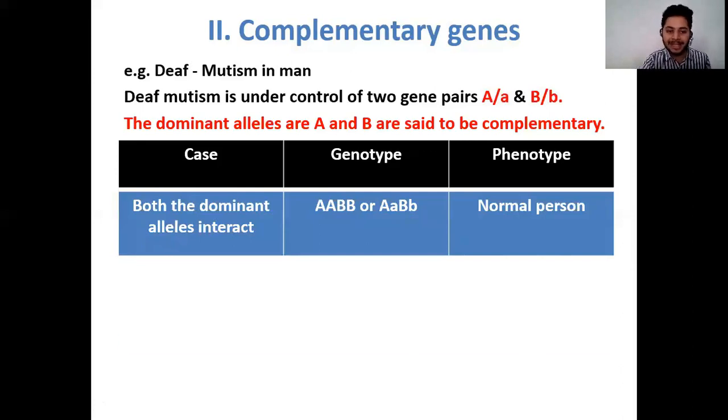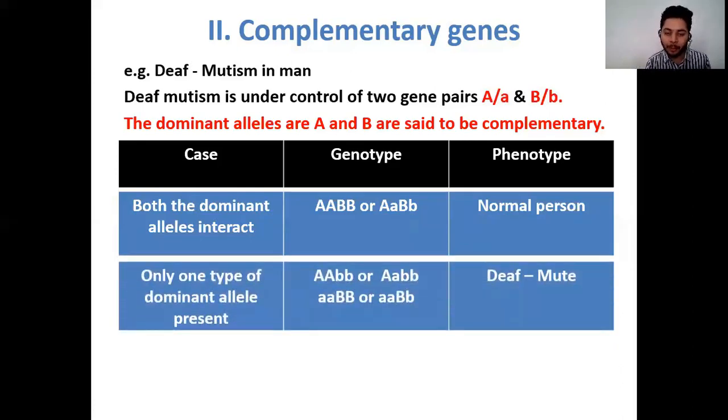Now let us understand case number two. If only one of the dominant alleles is present, and not both, for example, either only capital A is present or only capital B is present, then the complementary relationship is broken, and therefore the individual is going to be deaf mute.